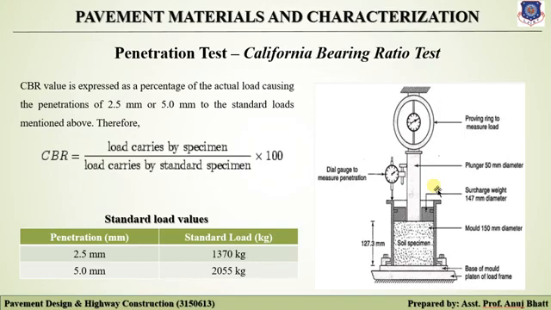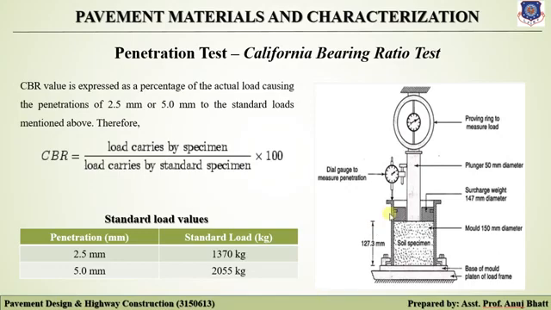Now a setting load of 4 kg is applied. So the first setting load is 4 kg. Now the dial gauge of proving ring for load readings is set to 0 considering the seating load of 4 kg which was applied initially.